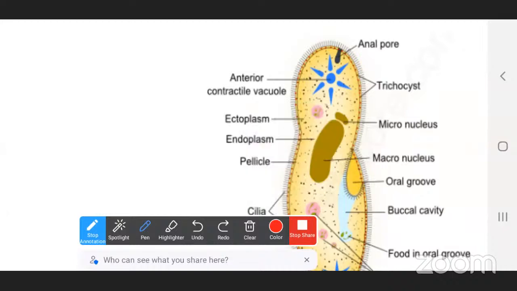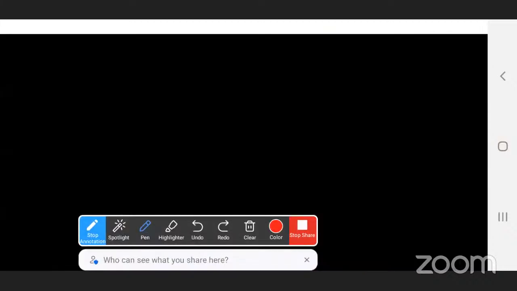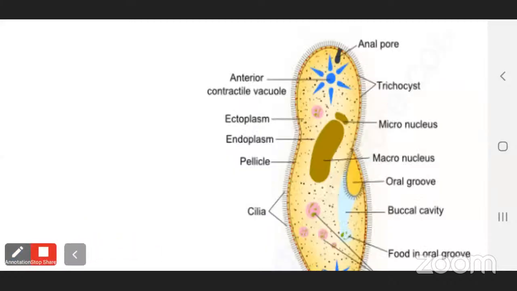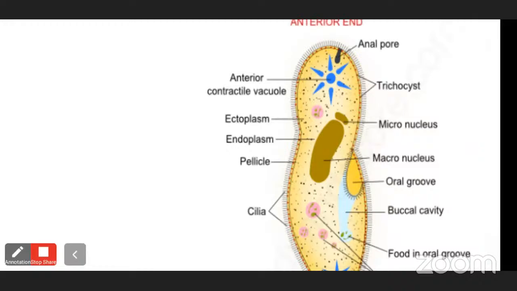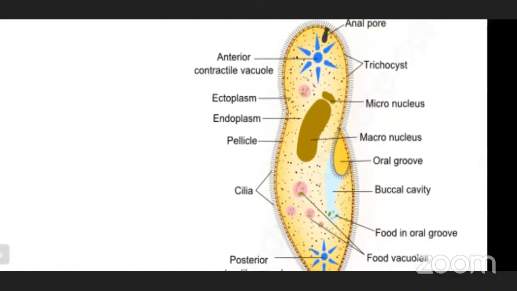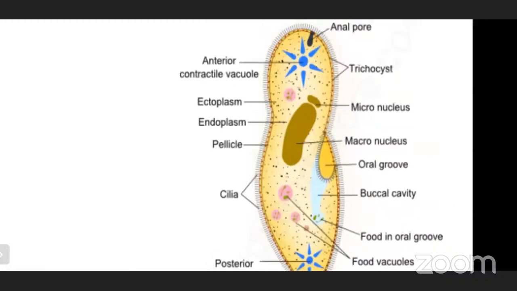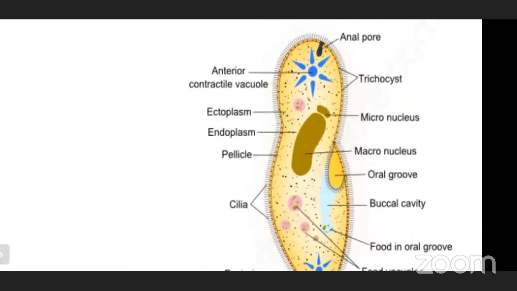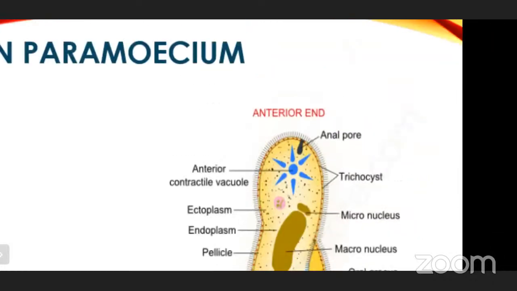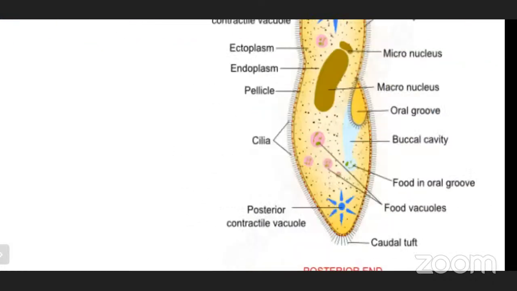This is anal pore. Trichocyst. Micronucleus. Okay, let us have a look here, dear friends. This is paramecium. This one is anterior end and posterior end.